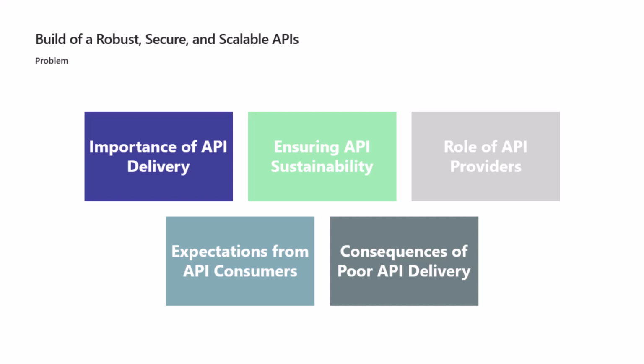To ensure the APIs you deliver are valuable for the developers and integrators using them, you must ensure that these APIs are sustainable. In other words, you must ensure they remain useful, secure, and stable throughout their life and the life of the apps and processes that consume them.